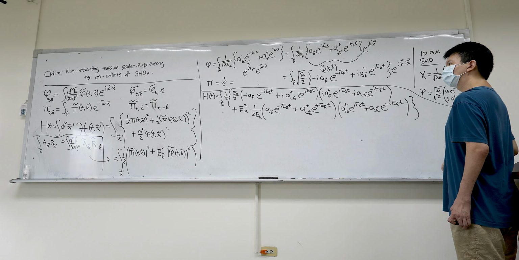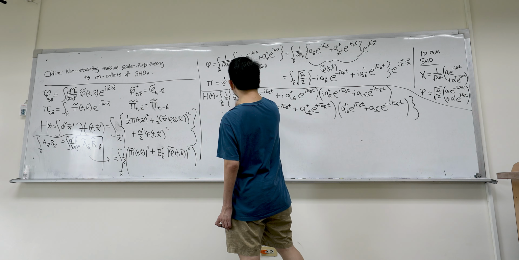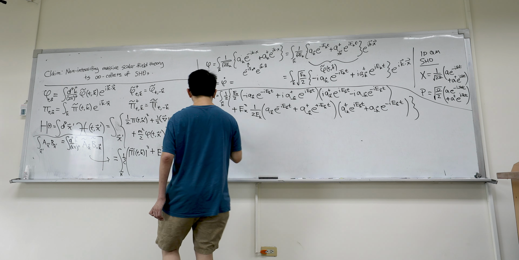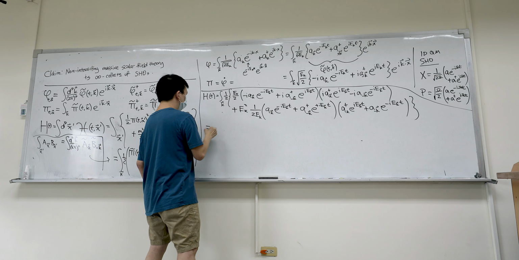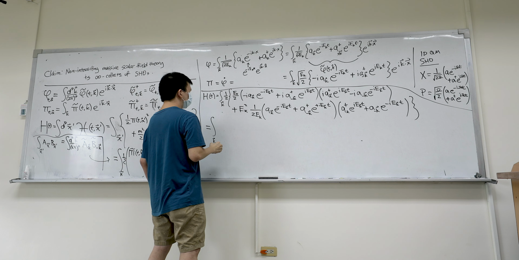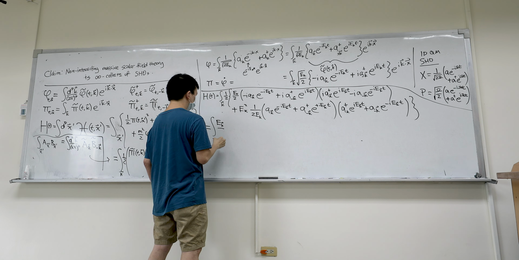Okay. And so you see that we have a common e_k. So let's in fact pull it out. So integral over k, you have e_k over 4 for now, right? Yeah, 4.